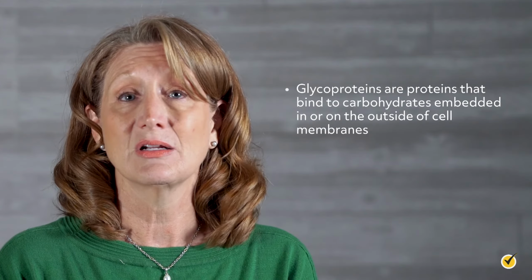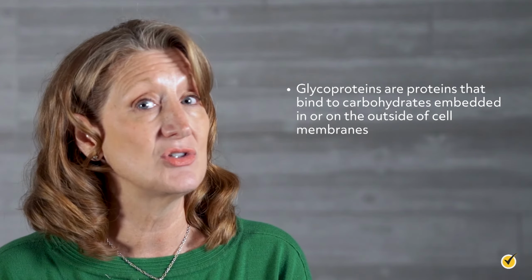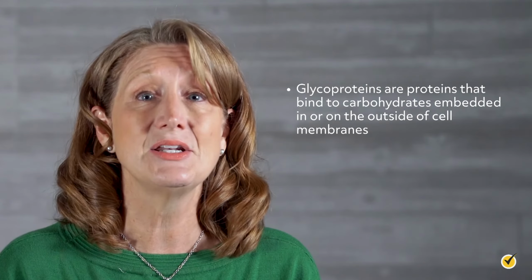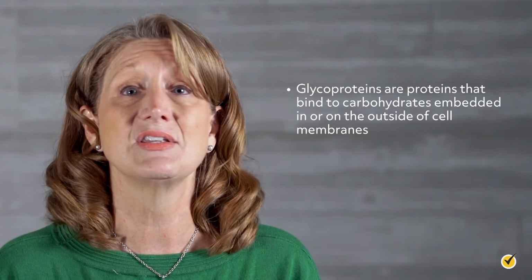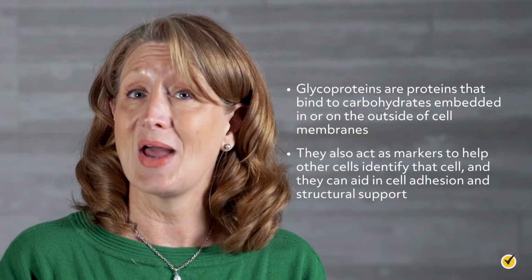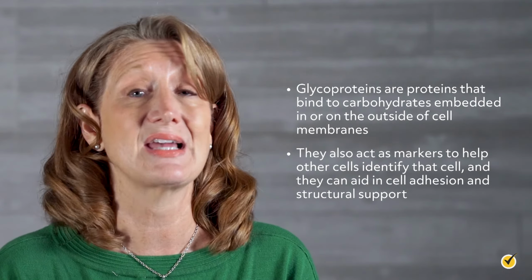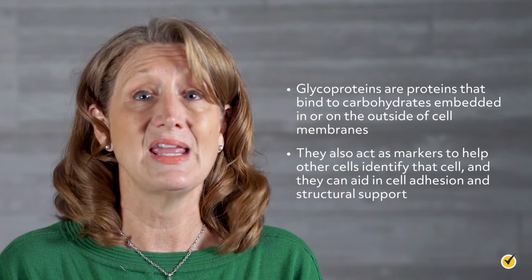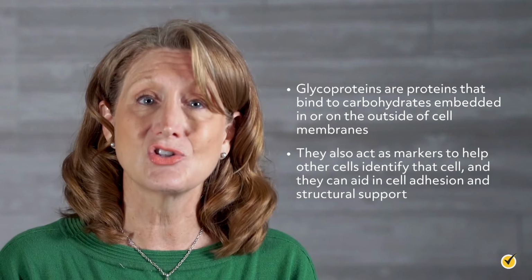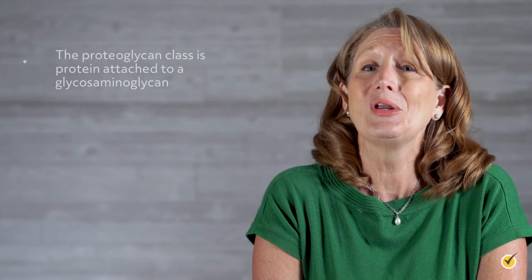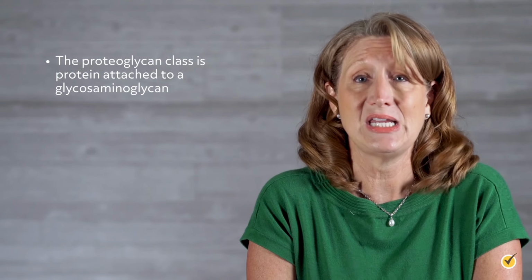In general, glycoproteins are proteins that bind to carbohydrates embedded in or on the outside of cell membranes. They also act as markers to help other cells identify that cell, and they can aid in cell adhesion and structural support. The proteoglycan class is a protein attached to a glycosaminoglycan.